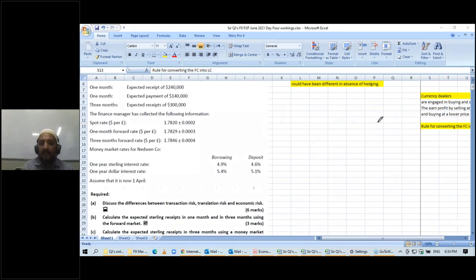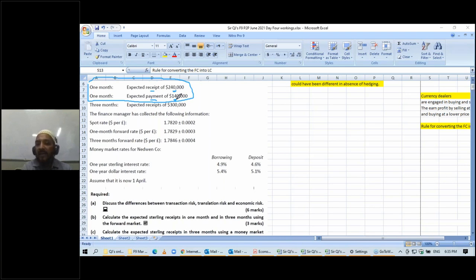Let me highlight the things. See, in 1 month's time, there is an expected receipt of 240,000, and there is an expected payment as well. So before you hedge, always remember, if you have a receipt and payment at the same time, you will not hedge them separately.